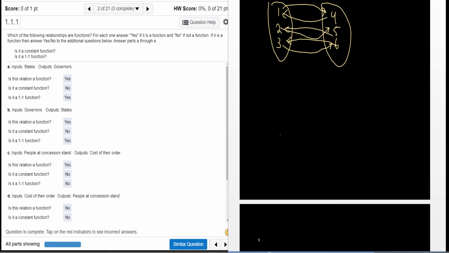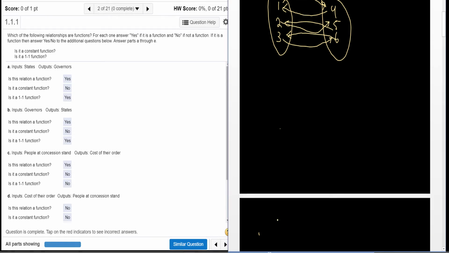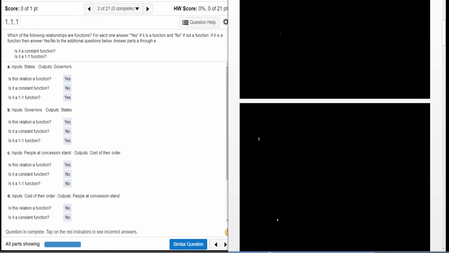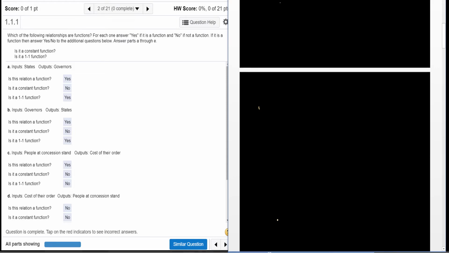The states are the inputs and the outputs are the governors. So I'll have states here and governors here.